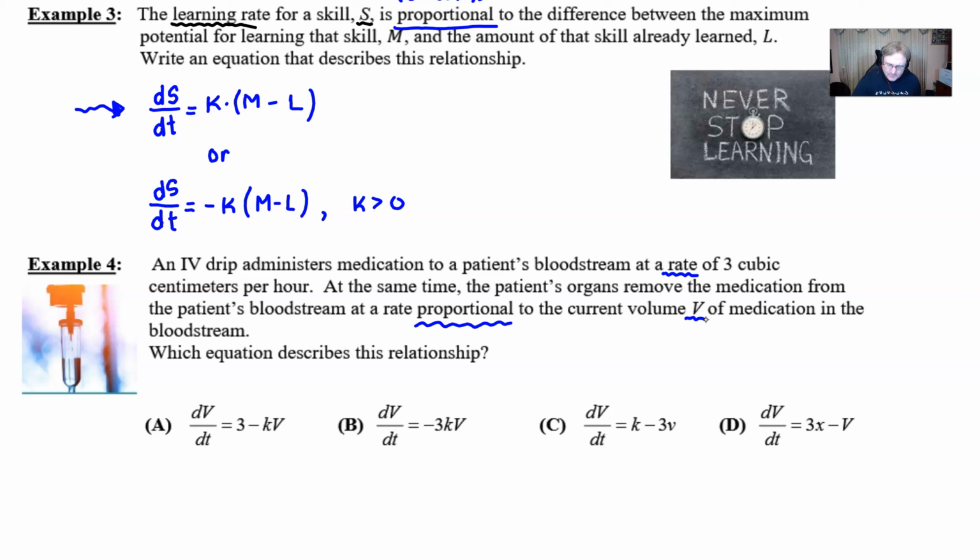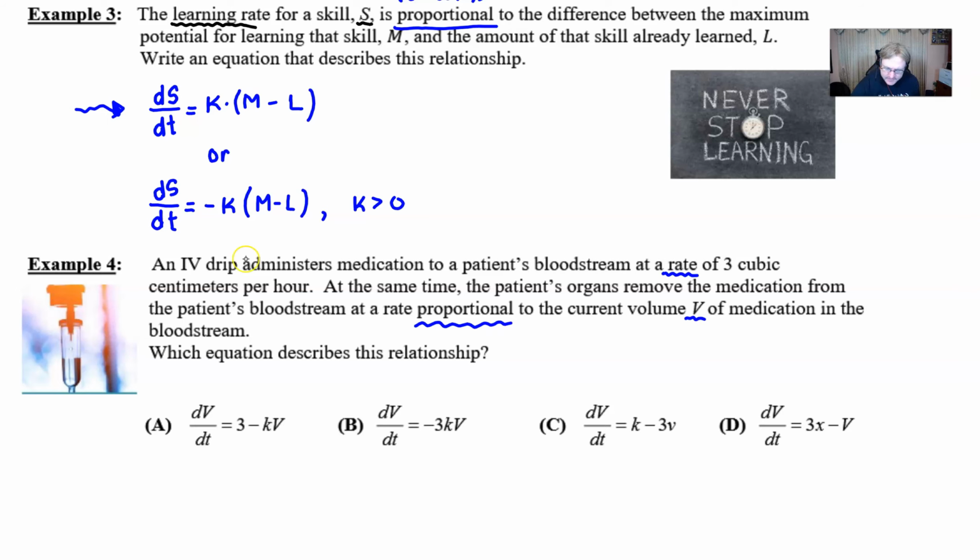So really what we've got going on here is a rate of change of the volume of this medicine in the person's bloodstream. And that's really good that all four choices show dV/dt on the left side, because it wasn't really clear initially that that's where we were going. It jumps right into what's going on the right side.